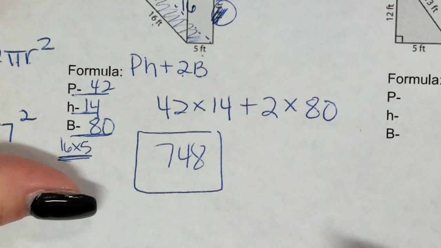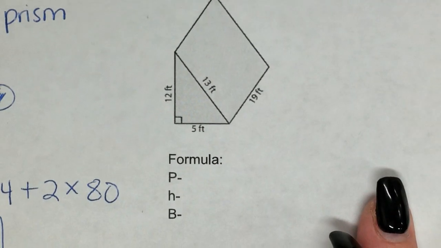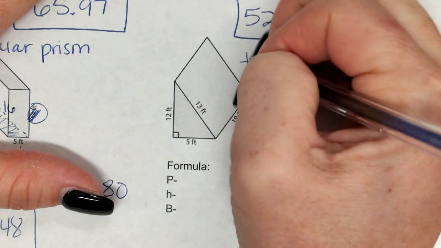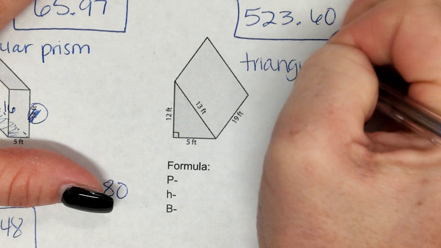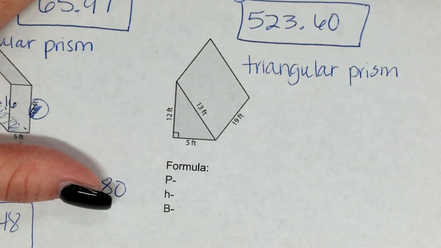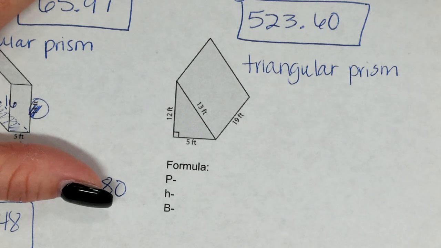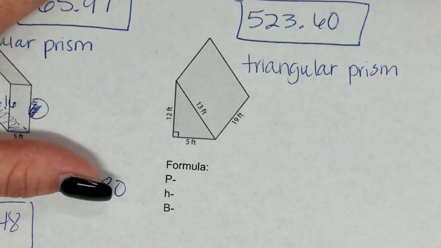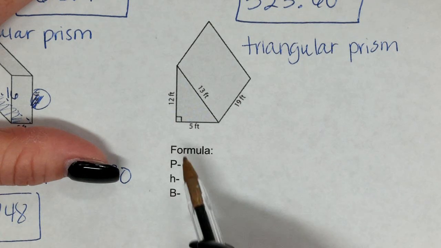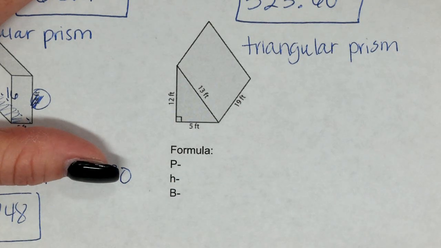Last example. What is this shape called? A triangular prism. That means the base is a triangle. What is the first thing I told you to identify?